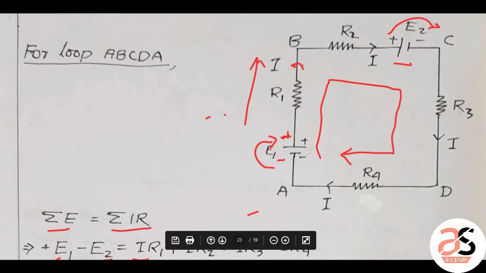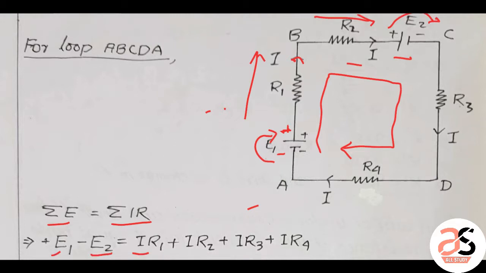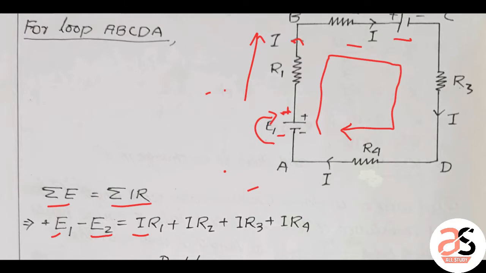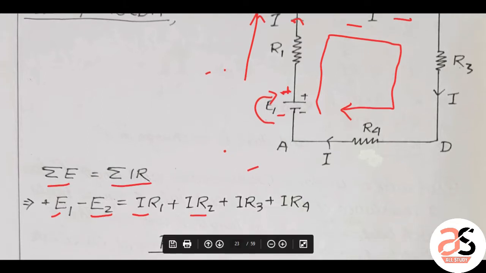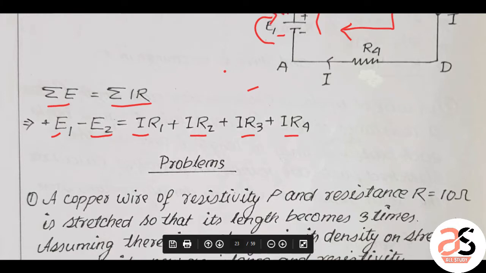And here, this is the current direction, and we are moving in the same direction. So this IR drop, I into R2, is taken as IR2 positive. In a similar manner IR3, IR4 are all in the same direction. If opposite, they will be taken as minus.